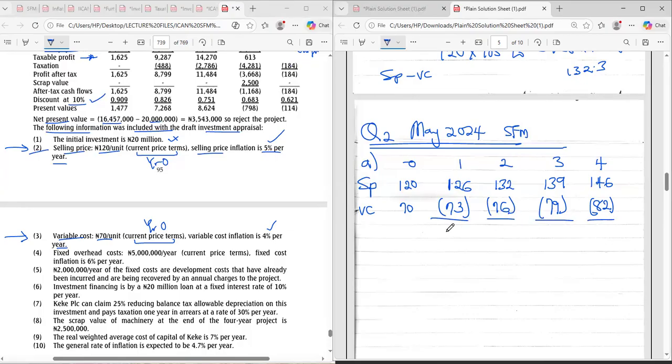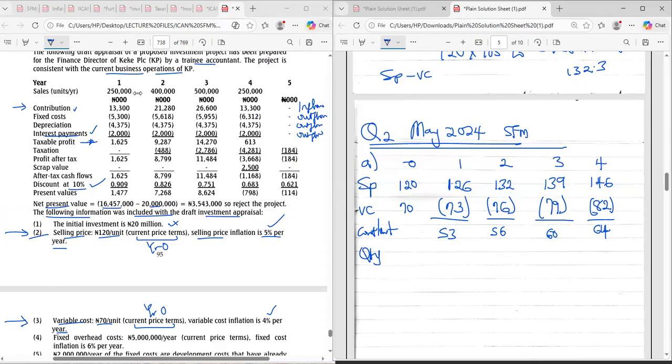Year 4 is 64. Year 1, 53. These are contribution per unit. 56, next one, 64, 60. I don't need year 0. So what's my quantity?